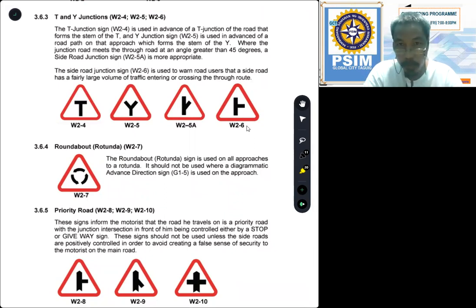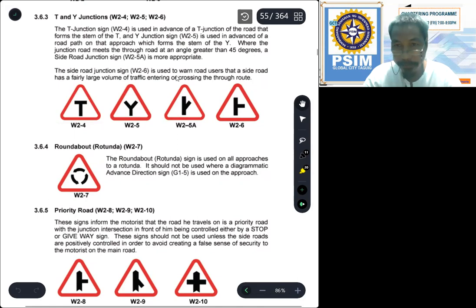Where the junction road meets the road at an angle greater than 45 degrees, a side road sign is more appropriate. So the side road sign is this one.